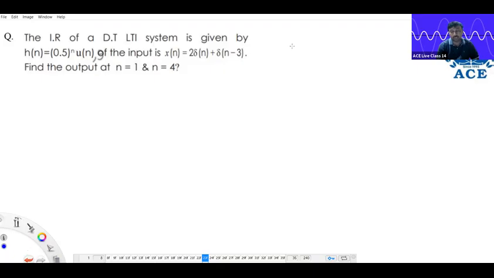As one of the signals is an impulse, which property do we use? Convolution property of impulse. Apply and find the output at 1 and 4. Very easy. Blindly apply the convolution property of impulse.